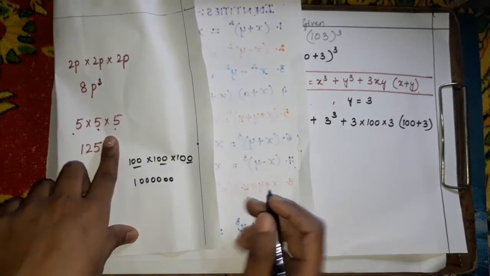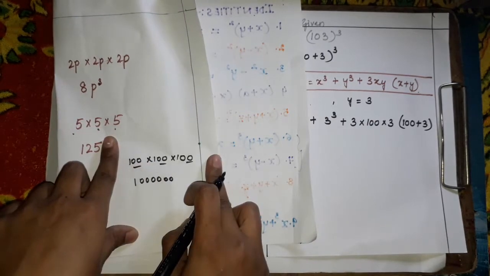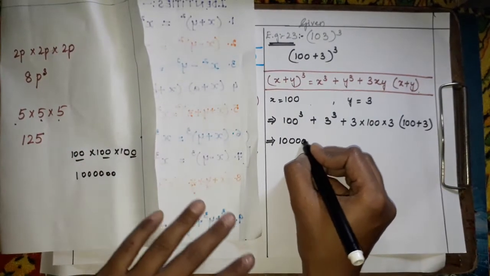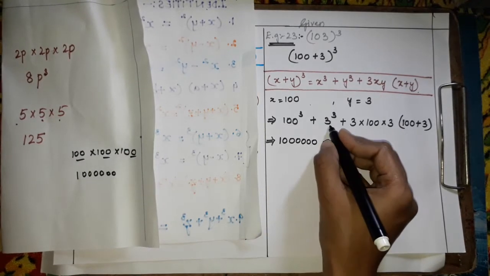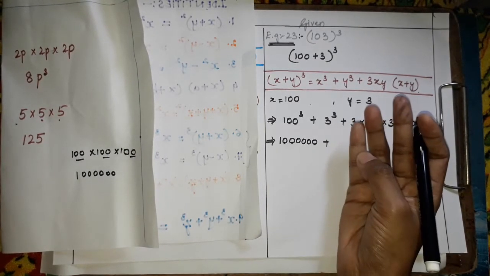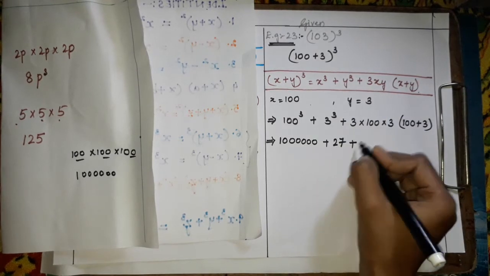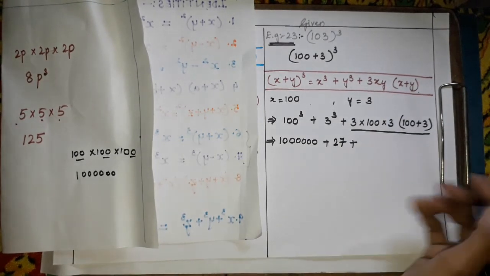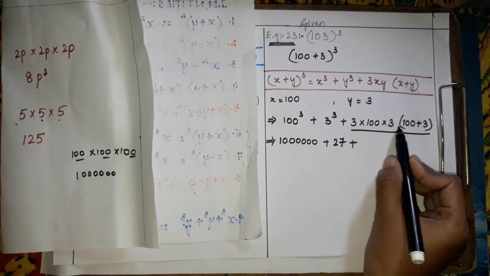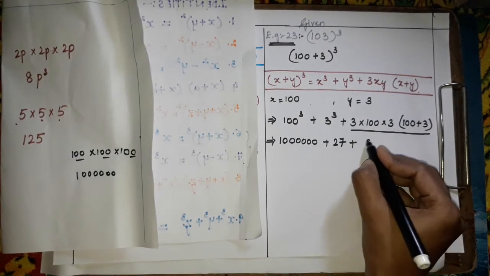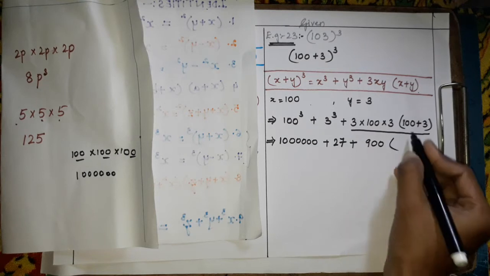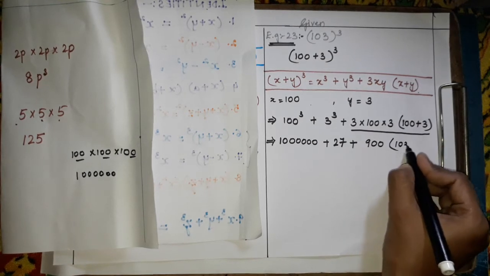Or else you can multiply directly. You know multiplication, you can do it. Plus 3 cube is nothing but 3 3s are 9, 9 3s are 27. Plus this all together you have to multiply. 3 into 100 is 300. 300 into 3 is 900. 100 plus 3 is 103.